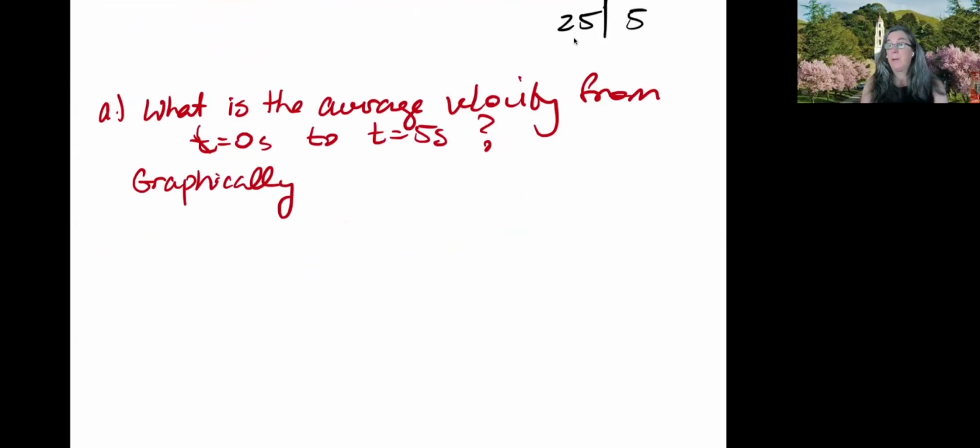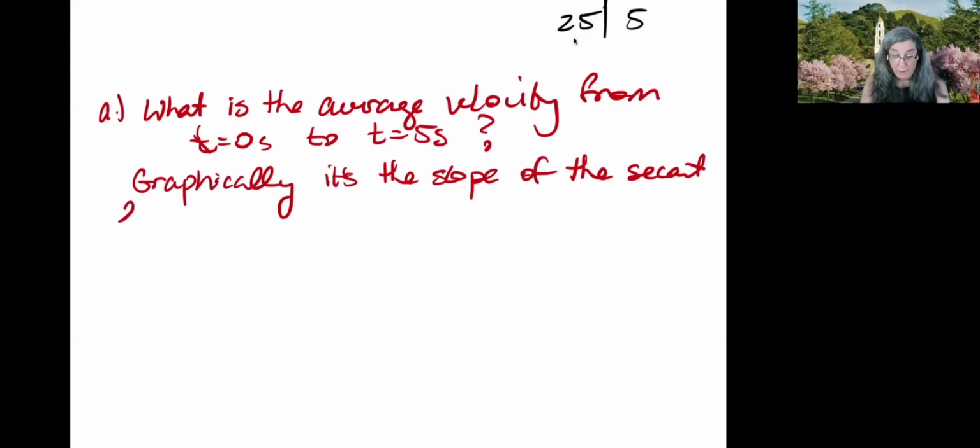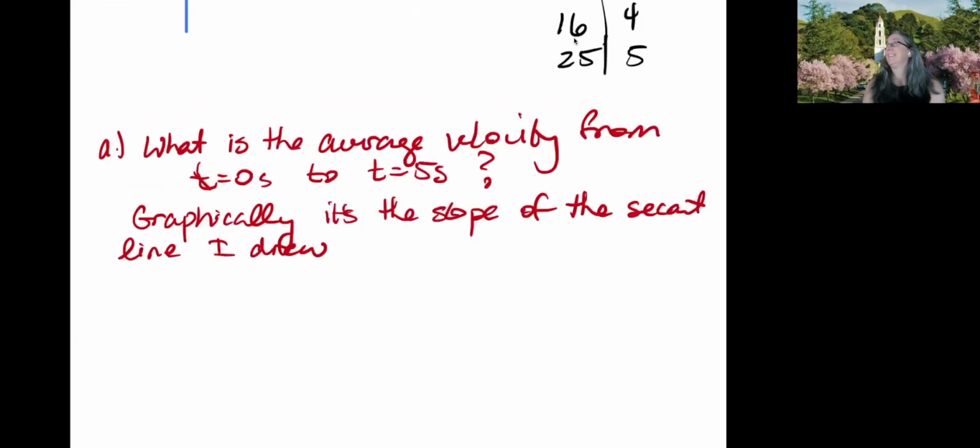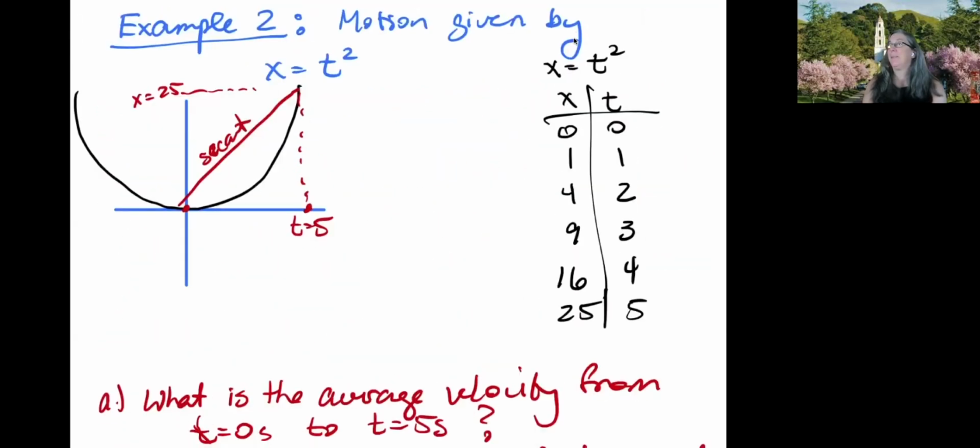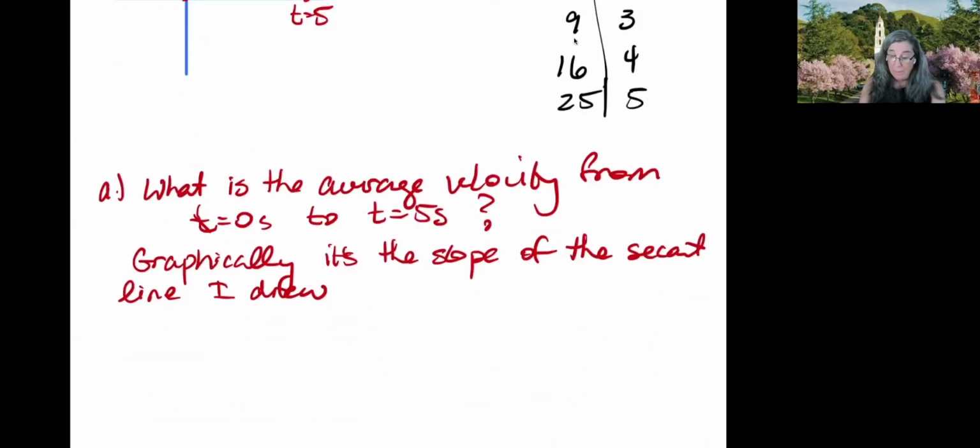It's the delta x, which would be the rise of that over the run of that. So it's the slope of the secant line I just drew. So the line in red. Sorry, I'm writing so big that it's scrolling off the screen. If you're watching it on your phone, I figured it had to be this big.